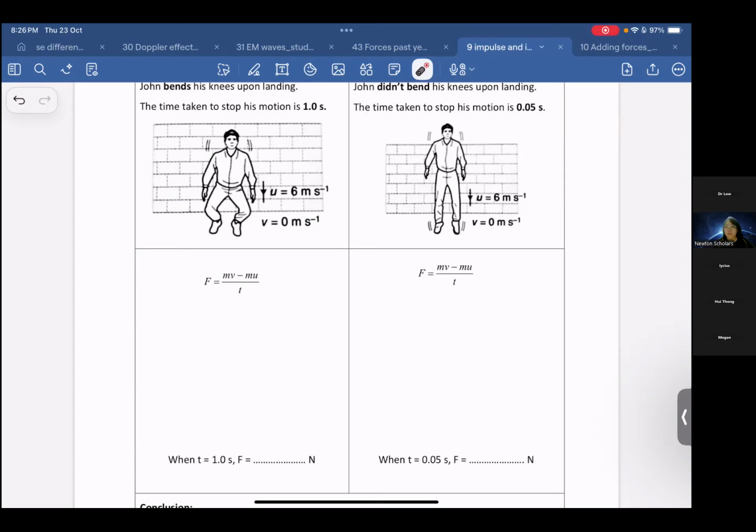Okay, let me have a look. What is your answer for the bending and not bending? What is the difference? Same person, but just the way you land is different. Can you tell me what is experienced in the first posture and the second one?